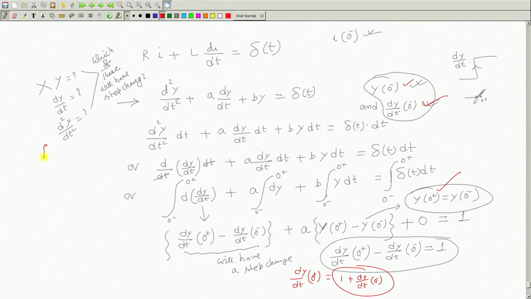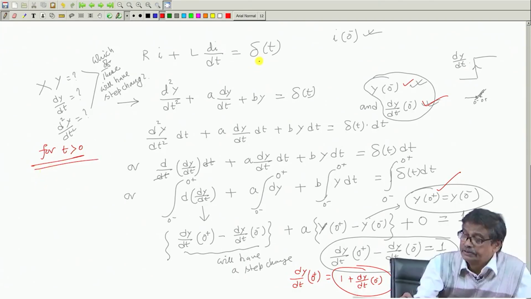And for t greater than 0, the impulse is not there, the right hand side is 0.